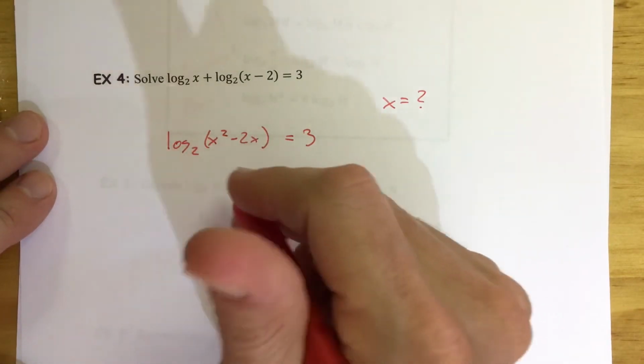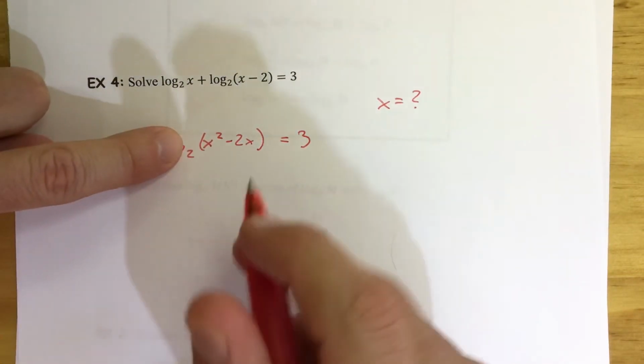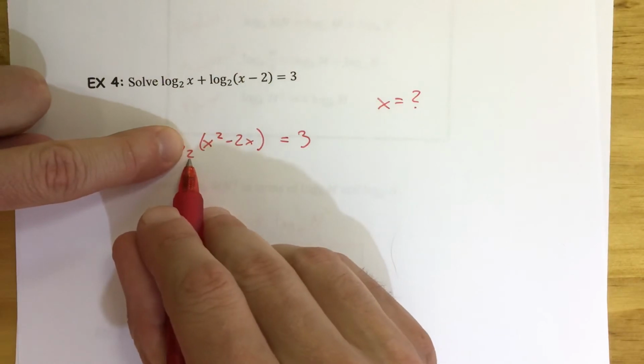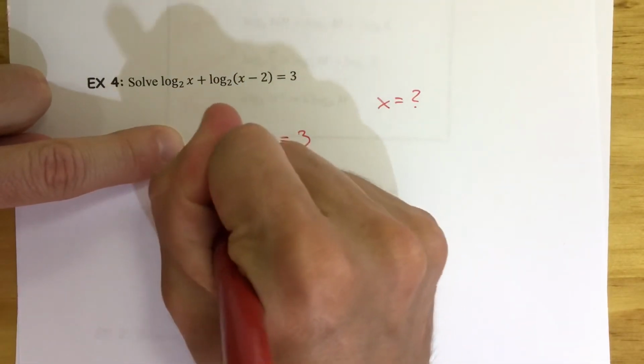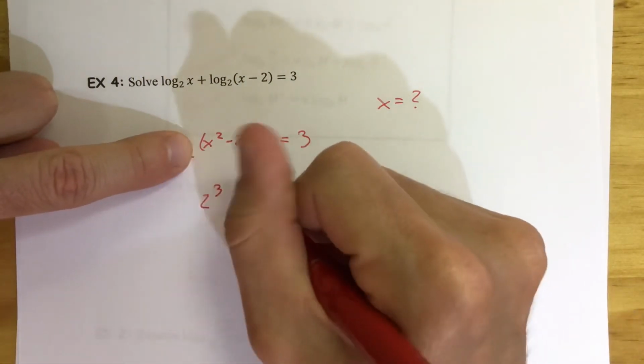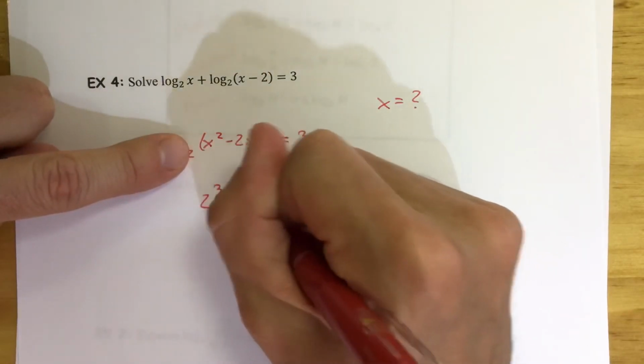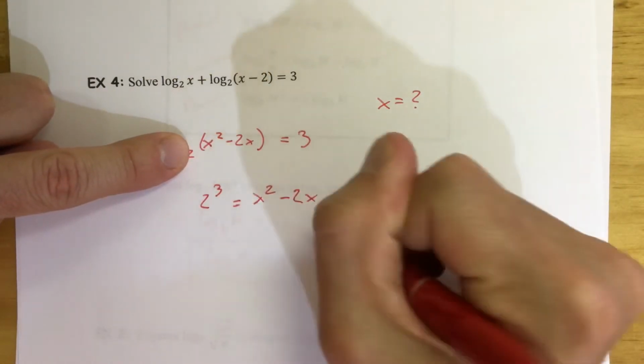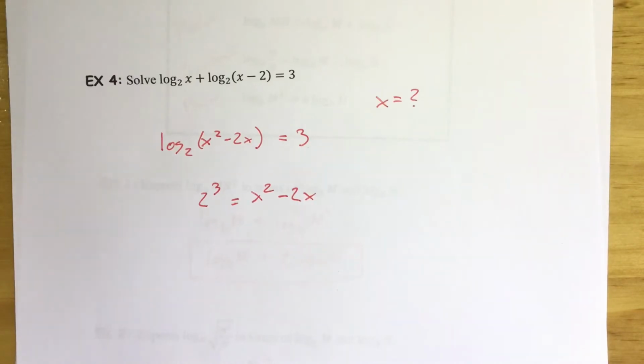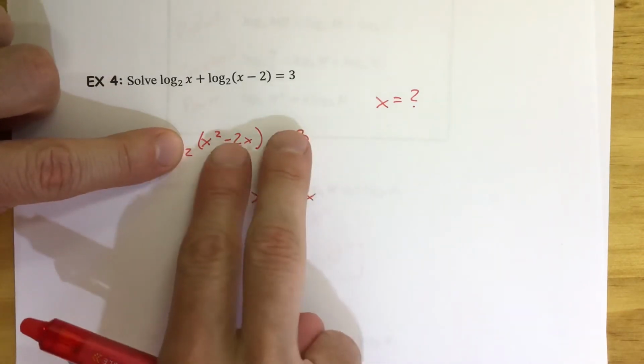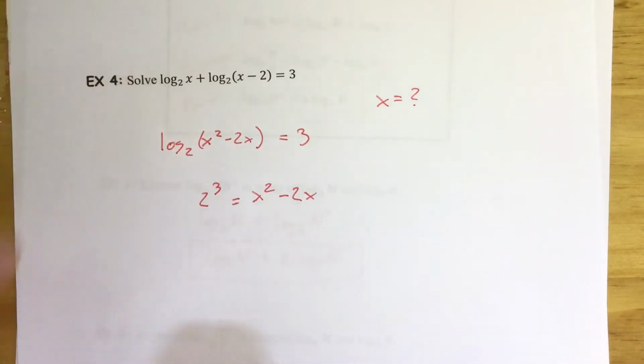So I'm going to take out the logarithm, use that base 2, but raise it to the 3rd power, and set that equal to everything that was in the logarithm. If you need to go back and review the definition of logarithms from last week, that would make sense, but it's cover and switch, and you get that.